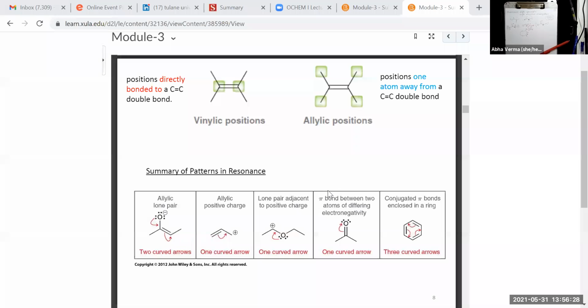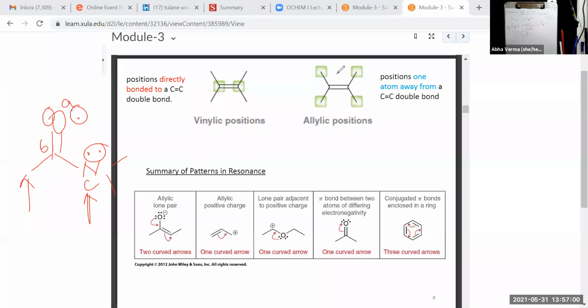So these patterns are something that you will have to memorize whenever there is an allylic lone pair. When I say lone pair, I don't always mean oxygen. You can also have a lone pair in form of nitrogen also, right? A, B, C. So this is also allylic site. This is also allylic site.